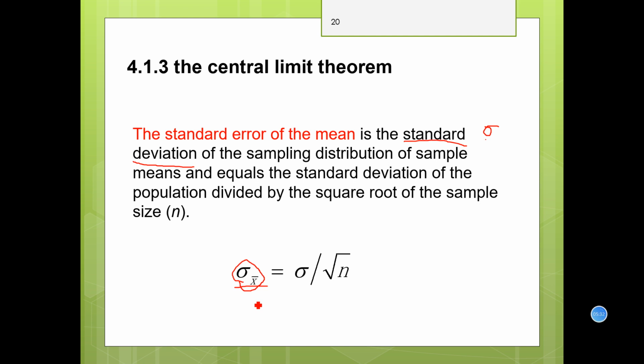So they are not the same, and there is a special relationship between sigma and sigma x bar. The relationship is the formula. We can use sigma and the sample size little n to calculate the standard error sigma x bar.